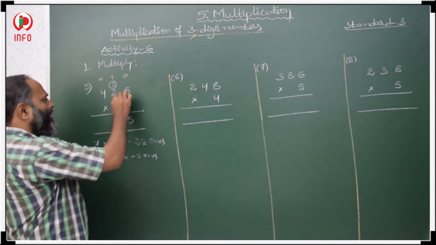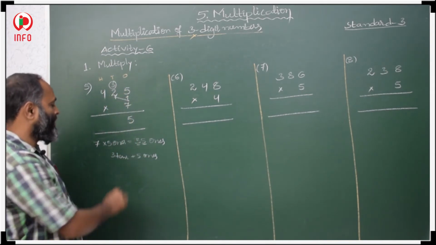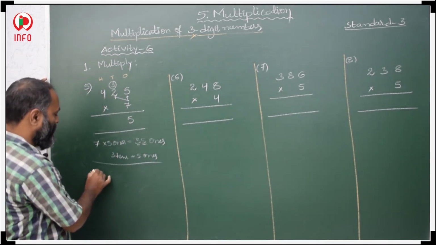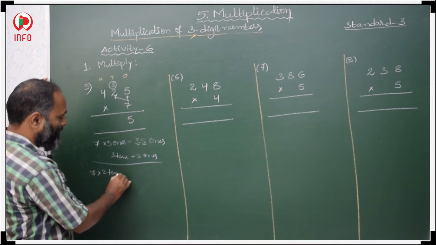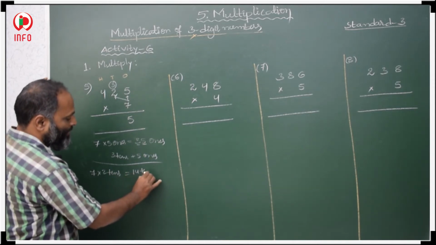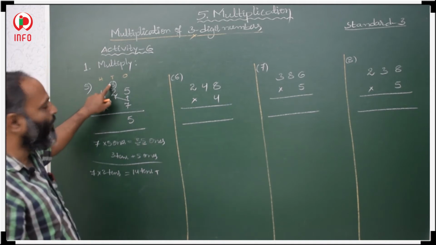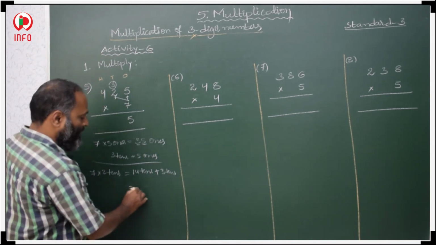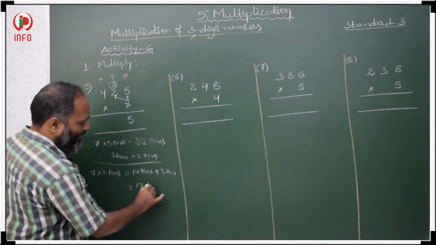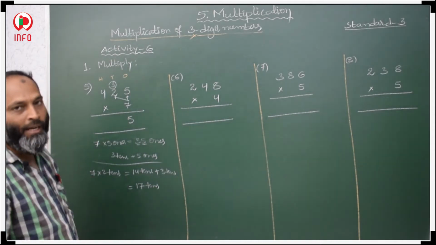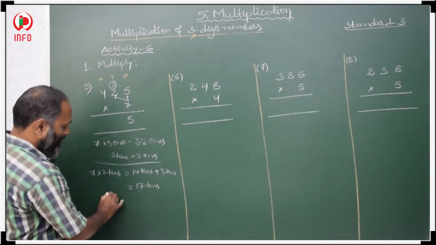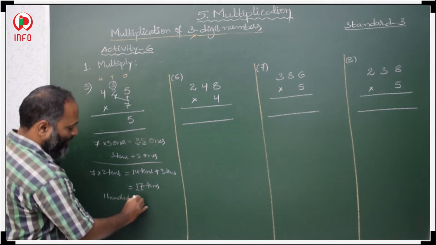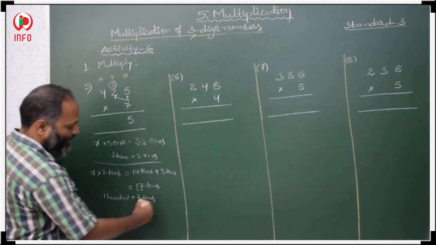Multiplication with ones is over. Again we multiply with tens. 7 with 2 tens, 7 2s are 14 tens. 14 tens plus what is carry over here? 3, that we have to add. 14 plus 3, 17 tens. 17 tens means 100 plus 7 tens.